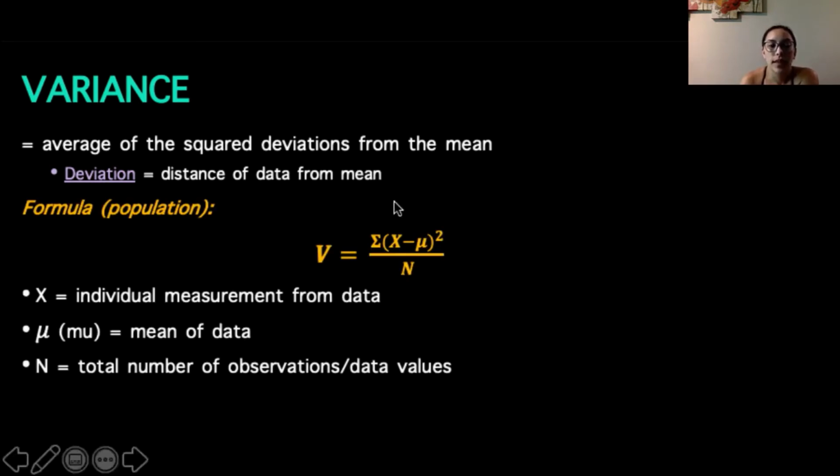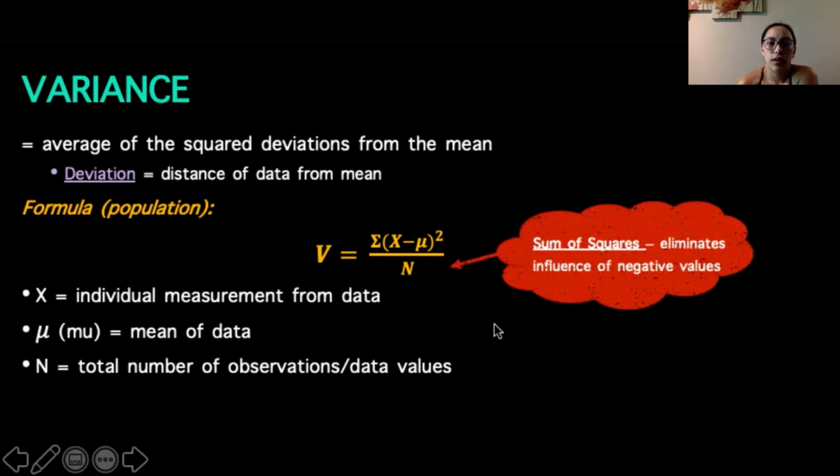Okay. The actual formula, we take the summation, which is what sigma represents, of the difference between some raw score x and the mean of our distribution. So we take that difference, we square it, and then we add up that calculation for every single data point in our set. We then divide that summated value by n.